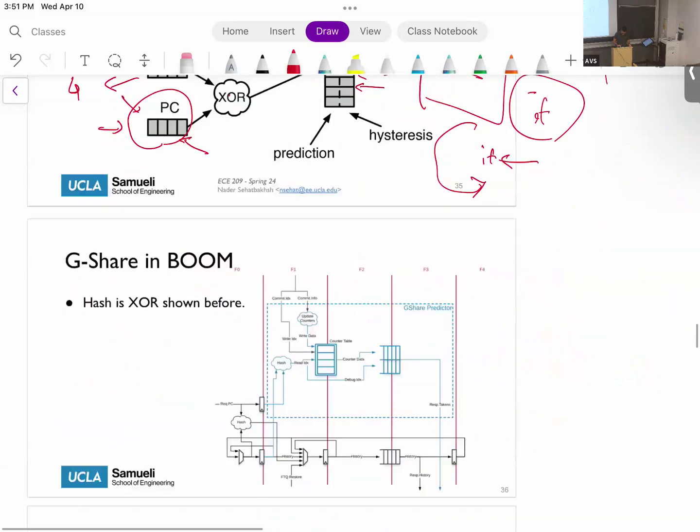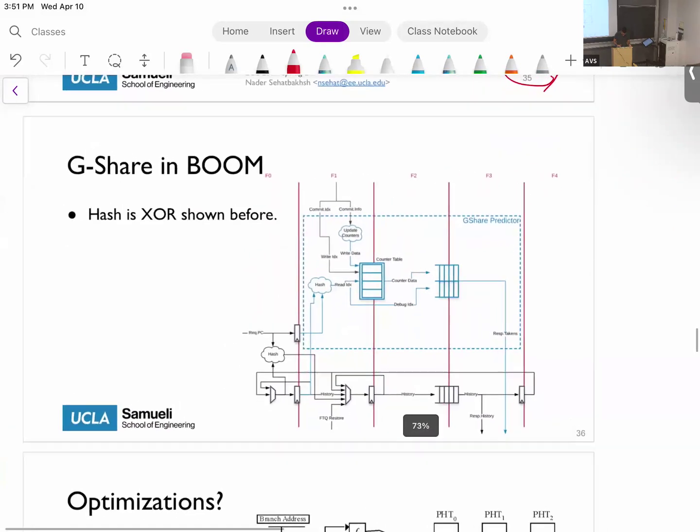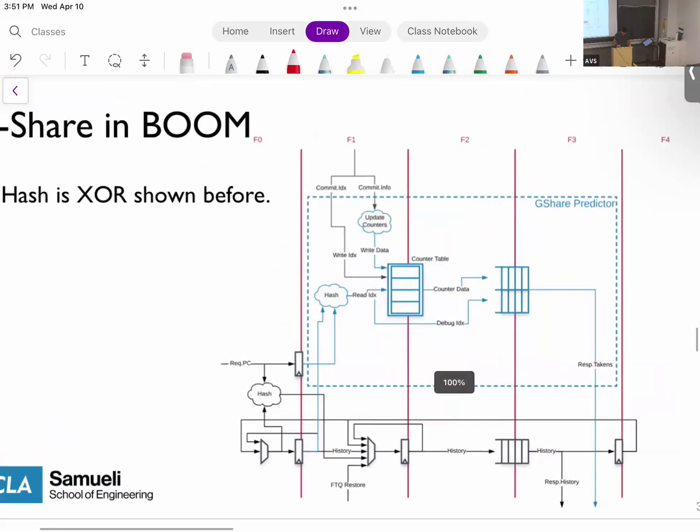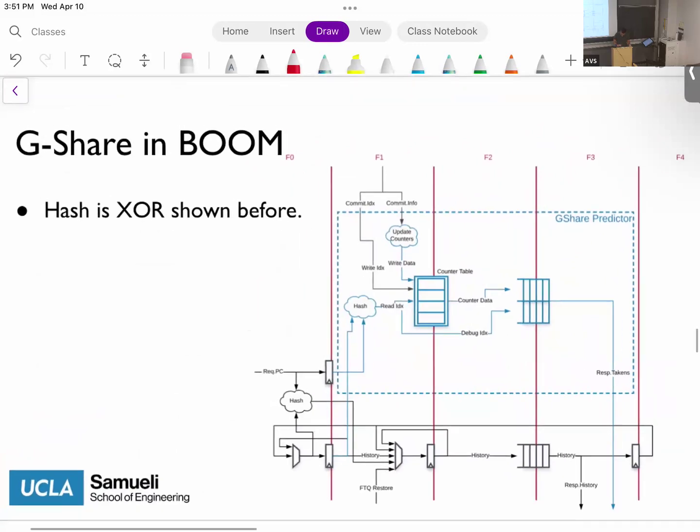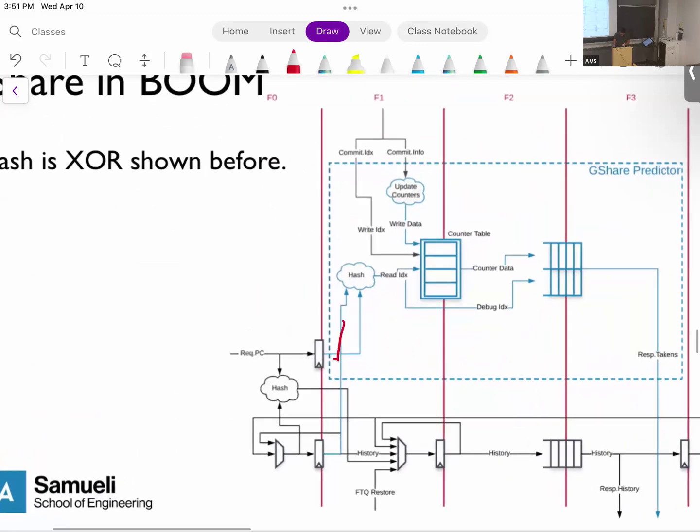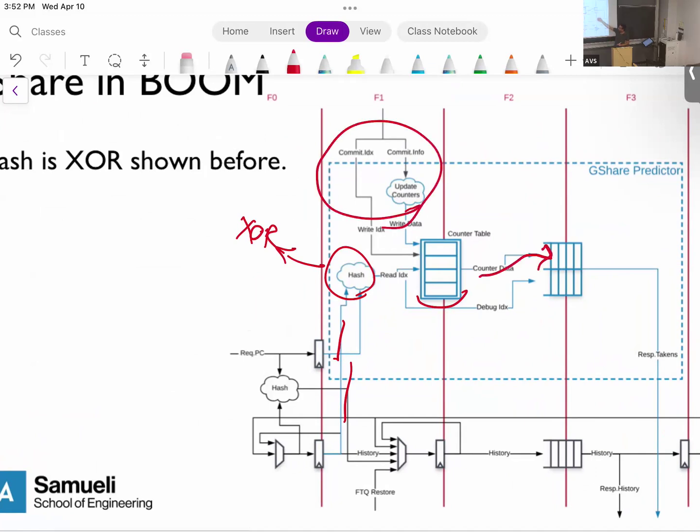Cool. So just to finish this story, this is how G-share is implemented in BOOM. As you can see, this is the PC, this is the history, this is the hash, that same XOR I told you about. This is the counter table, and this is the data that goes in. As you can see from the later stage of the pipeline, this table will be updated, because once we see the outcome, we need to update it.